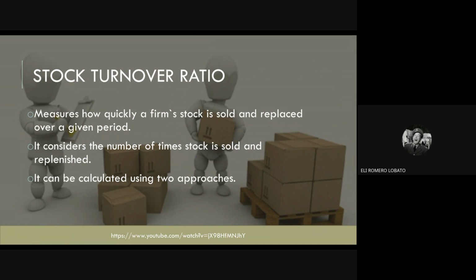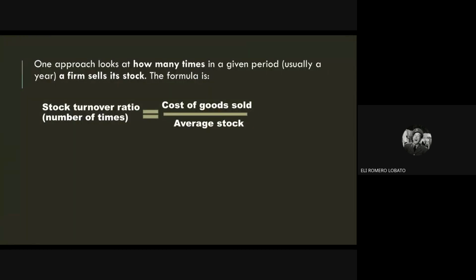The first is to calculate the times that the enterprise is going to restock, okay, in a specific period. And the formula, you could already check in your formula sheet.